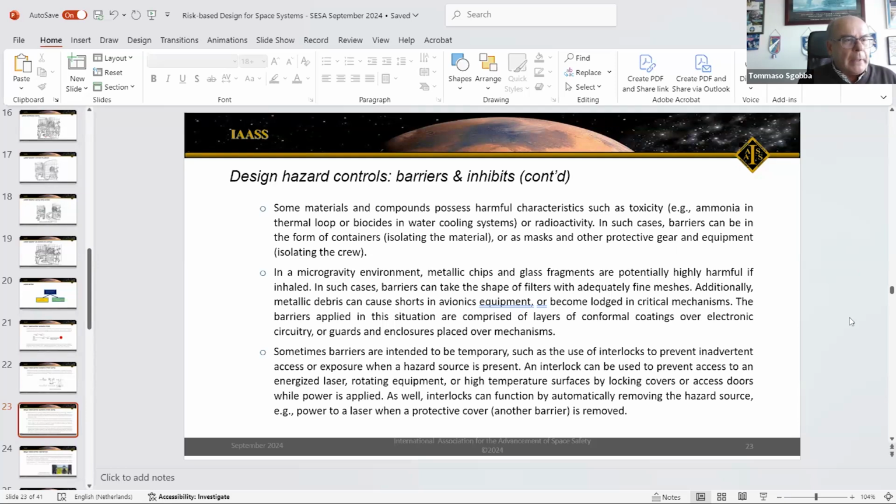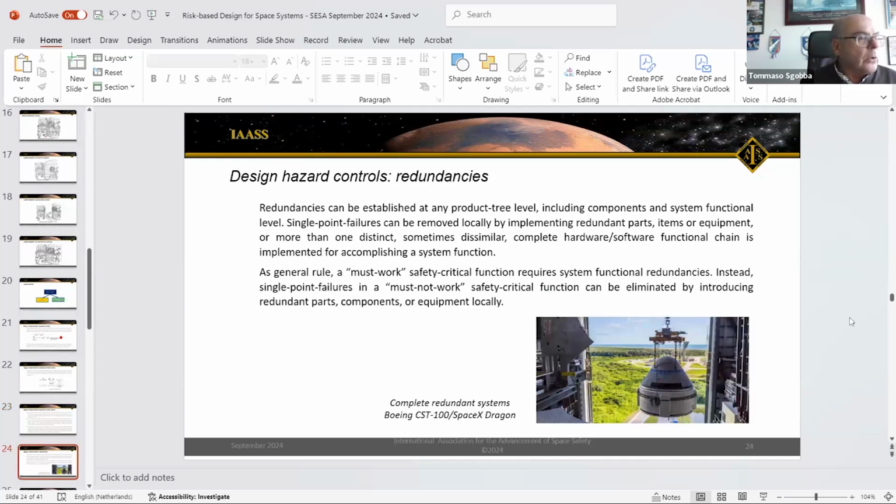You may not know, but because of microgravity, during space operation, there could be chips from the manufacturing of the system or equipment, metallic chips or fragments, tiny fragments of glass, which, differently from the ground case, are floating in space. So in this case, you want to control this stuff.